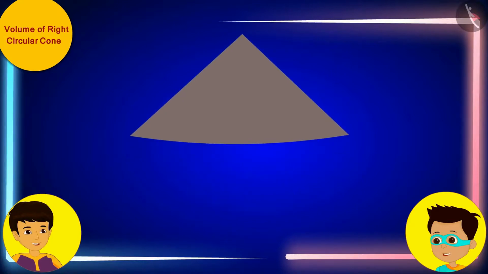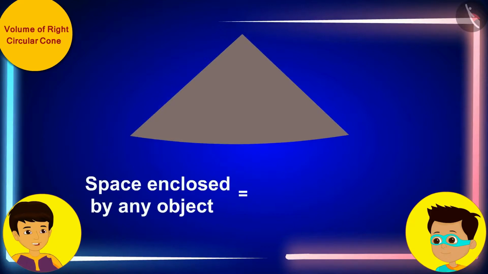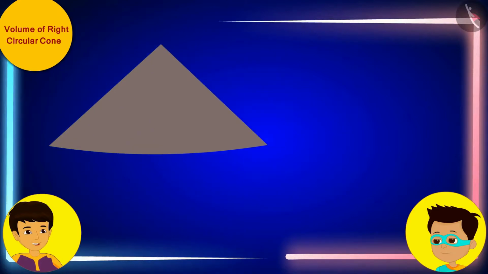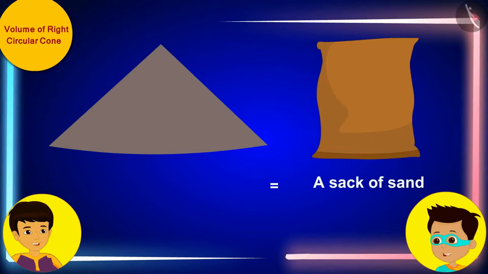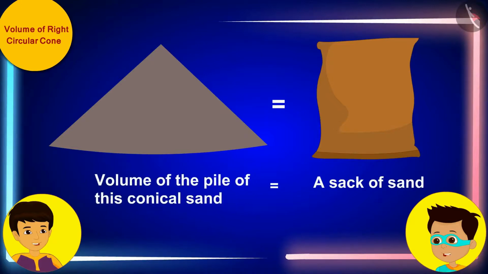And you already know that the space enclosed by any object is equal to its volume. This means that the amount of sand in this pile, or in other words, a sack, is equal to the volume of this conical pile of sand.